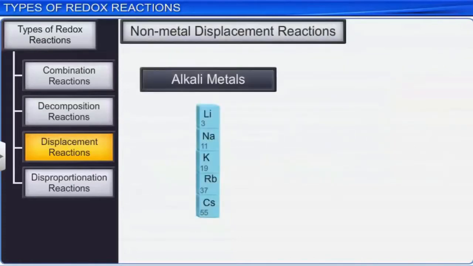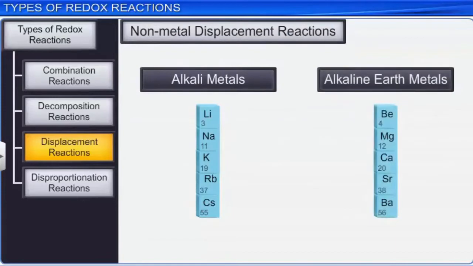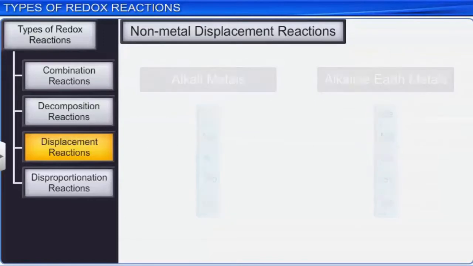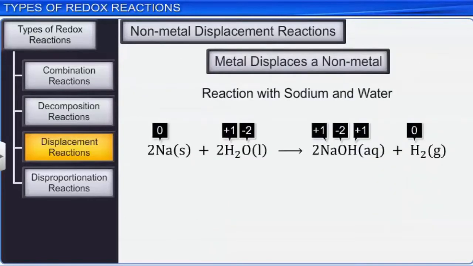All alkali metals and certain alkaline earth metals displace hydrogen from cold water. For example, sodium, an alkali metal, displaces hydrogen from cold water to give dihydrogen gas.